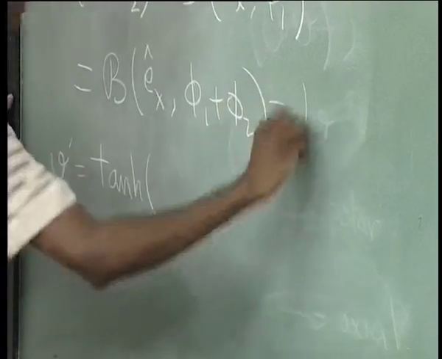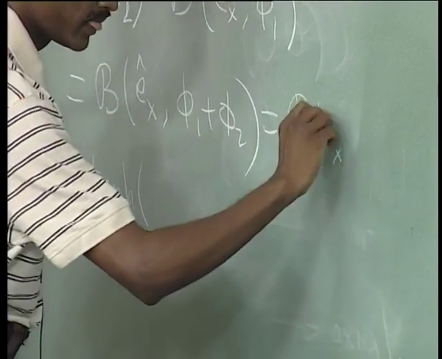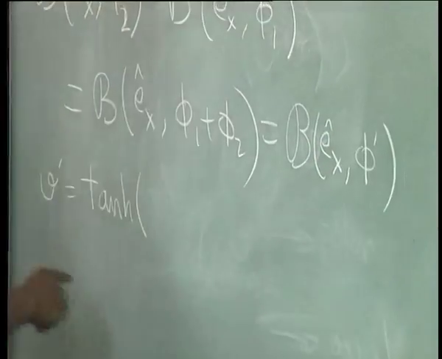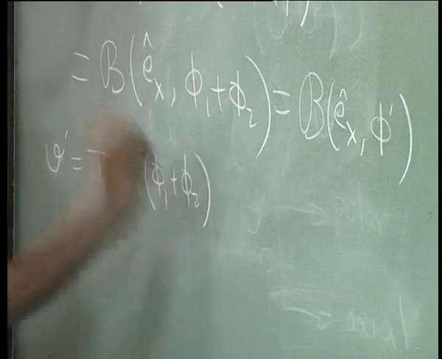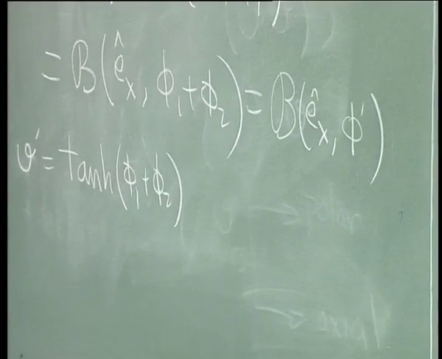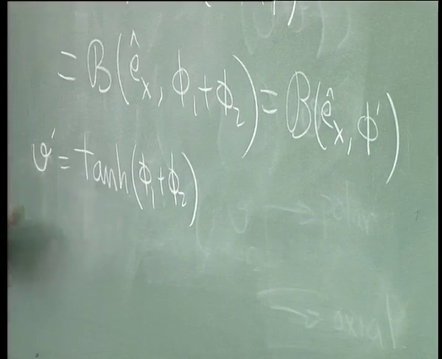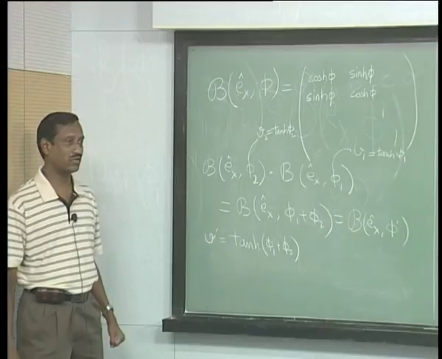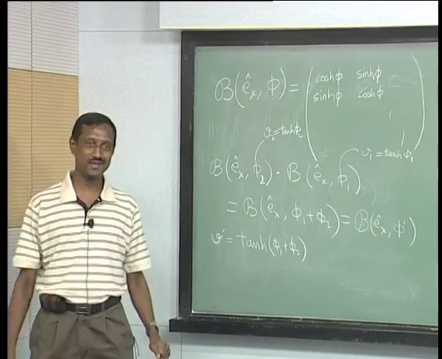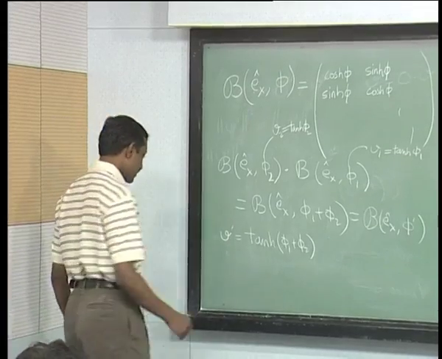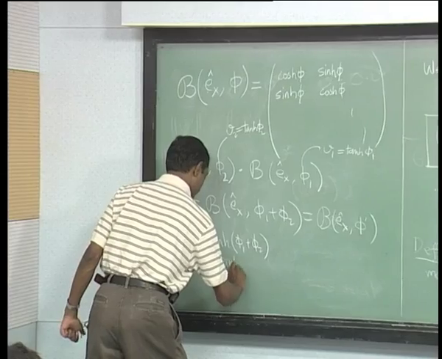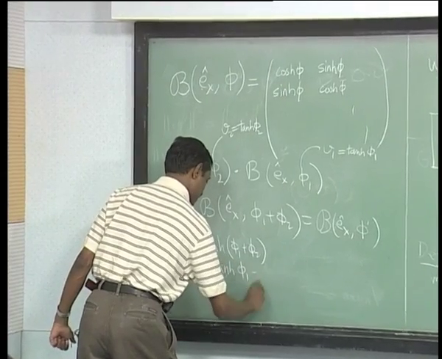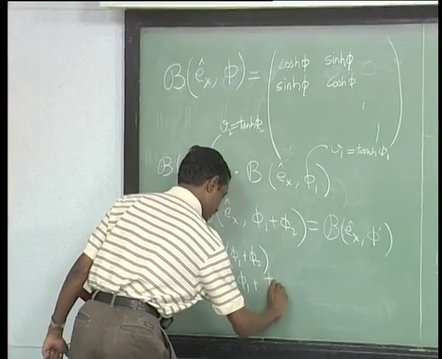So, let us call this B. Hopefully you know your tanh addition formula, it is almost the same as the tan formula with some minus signs here and there. Let me write it out, I will fix the sign.